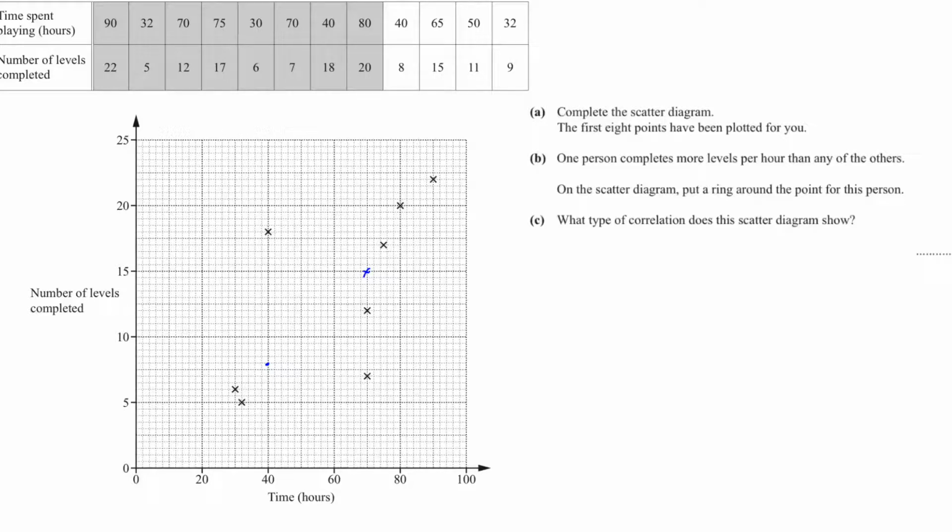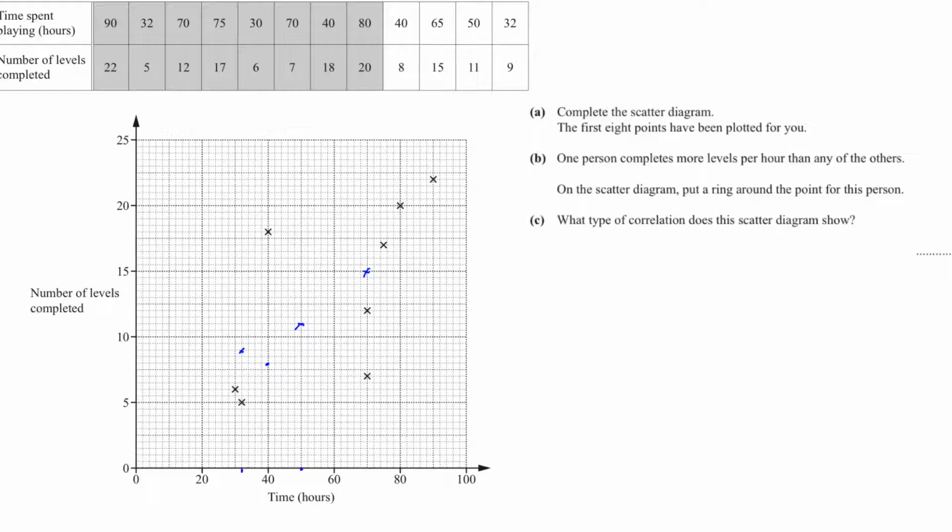And then when x is 50, y is 11. 50 is here and 11 is going to be here. When x is 32, y is 9. 32 is here, and y is 9 will be here. So that part A is done.